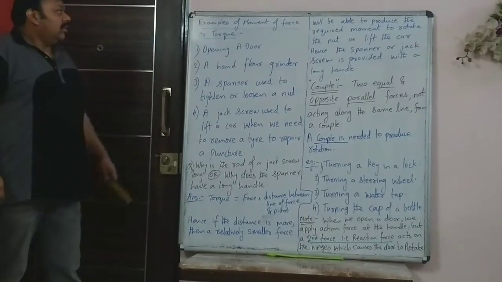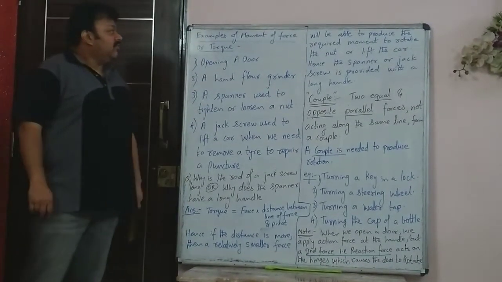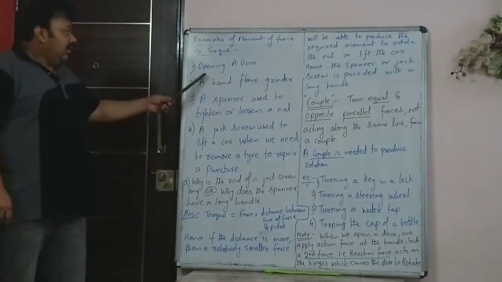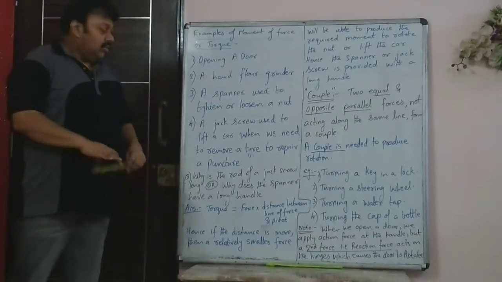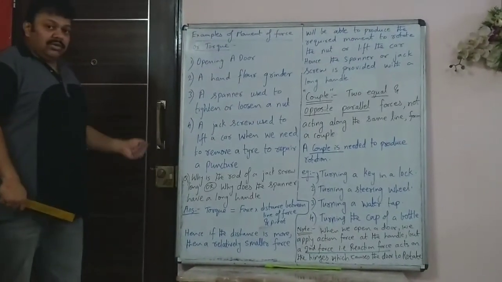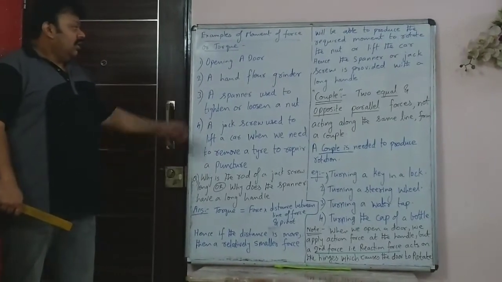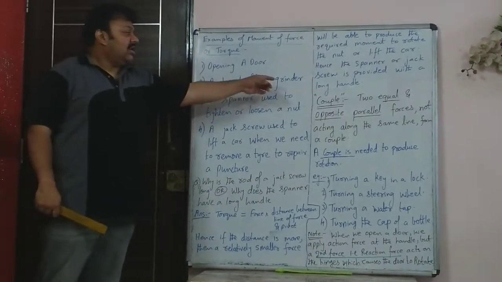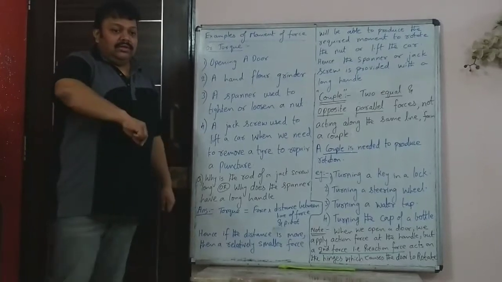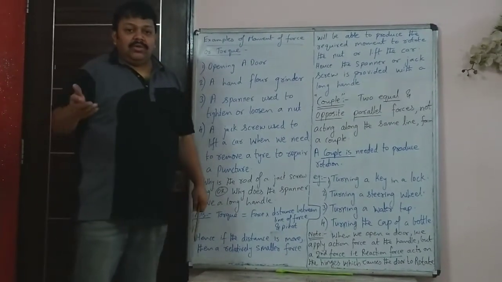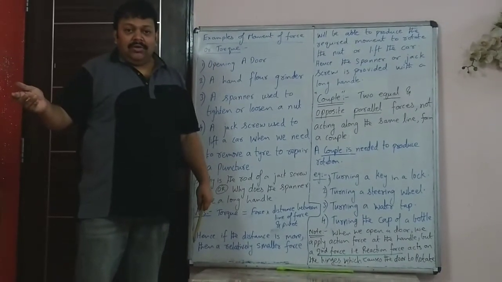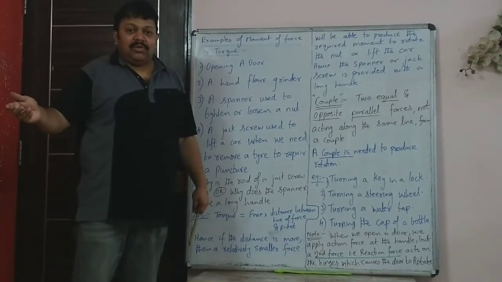So now here we are seeing a few examples of moment of force or torque. One is when you open a door, opening the door by using the handle is an example of moment of force or torque. A hand floor grinder, that is, if you see the Hindi movies, they keep telling when a person goes to jail, chakki peesing.